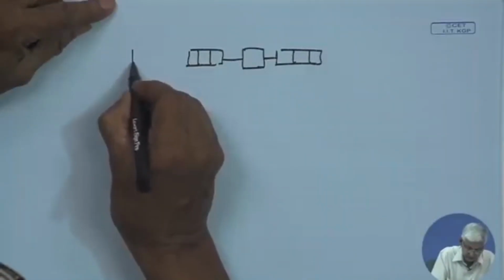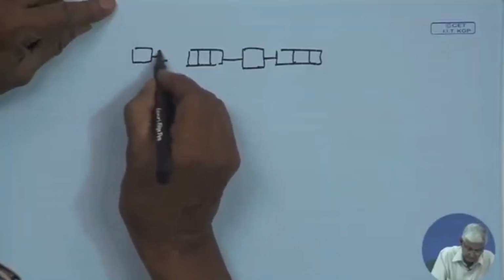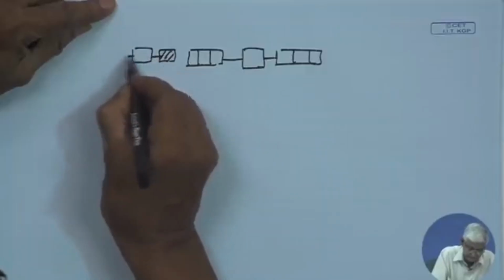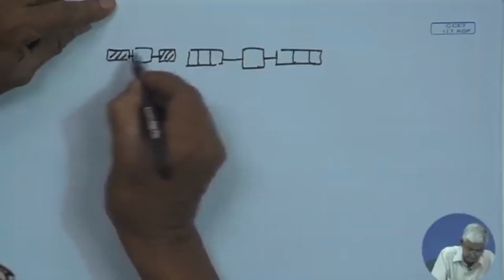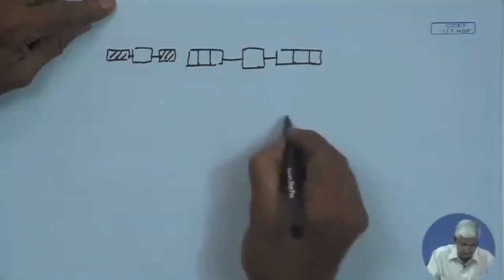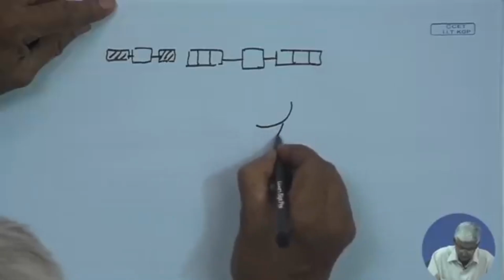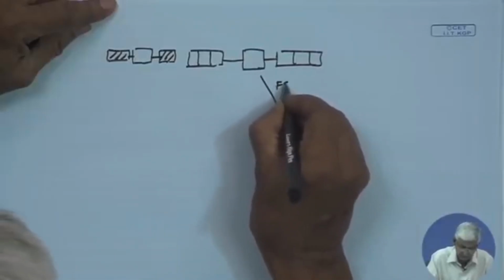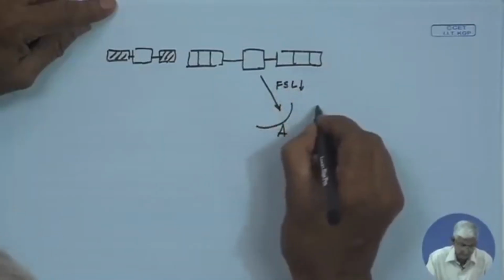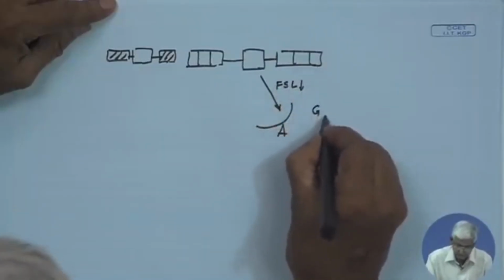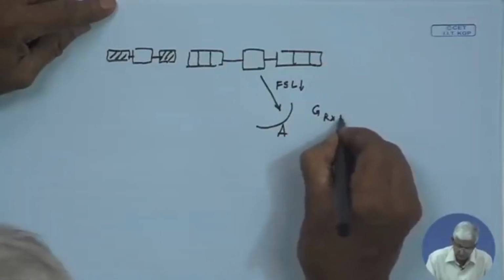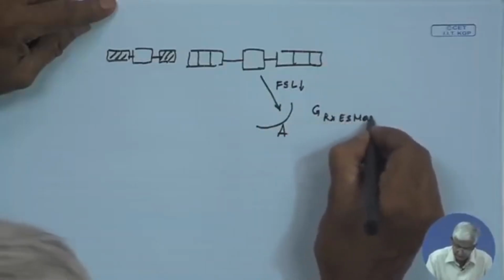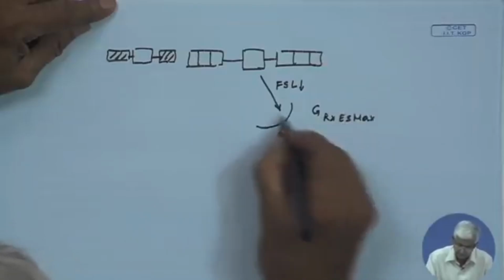So, there is a nearby satellite. We have a station here. This is the downlink free space loss, and this is the G receive station max, because this is the wanted station and wanted link.